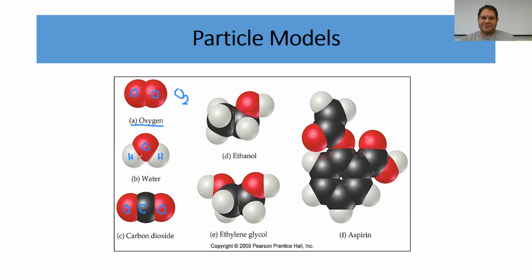Notice that the hydrogen is connected to the oxygen, but the hydrogens are not connected to each other in water and so forth. So again, these are particle models to represent individual compounds or molecules in this case. And we will use these space filling models as representations of matter as we go, okay?